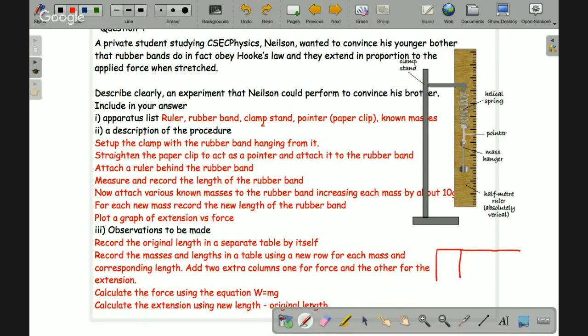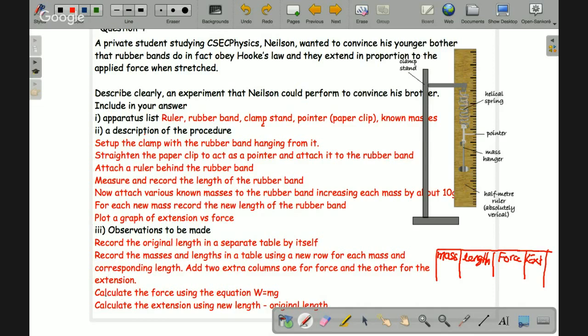So in a table, what you're saying is to record the mass, right? You also want to record the length, right? But these aren't just the values we're interested in. We're actually interested in the force created from the mass, and we are also interested in the extension. So you want to put that in your table, and you also want to explain how you calculate the force.